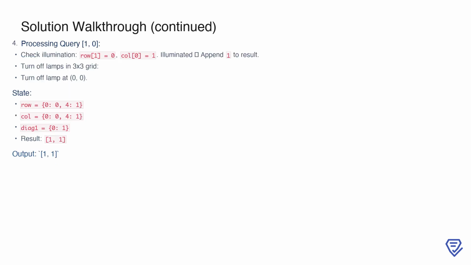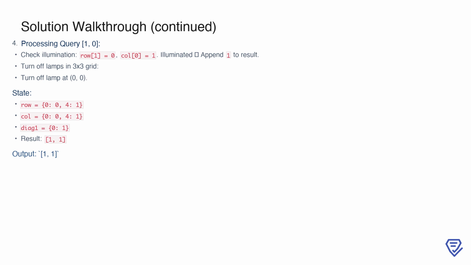Now, we process the next query, which is [1, 0]. Again, we check the row, column, and diagonals to determine if the cell is illuminated. The column value col[0] is non-zero, meaning the cell is illuminated. We append 1 to the result. Following this, we turn off any lamps in the 3x3 grid around the queried cell.